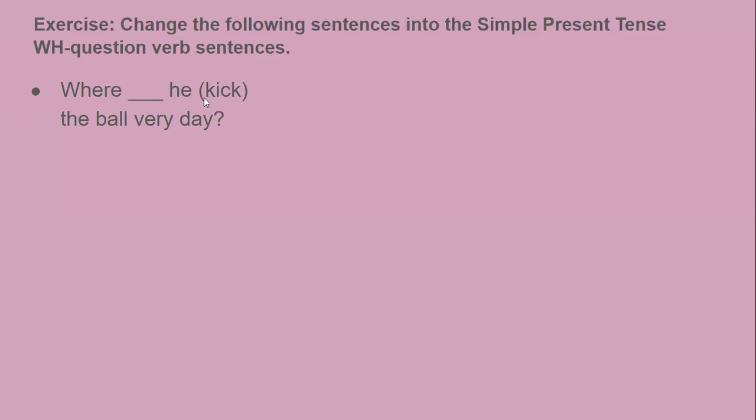And then we have the subject, which is he. So for he, she, it, use does. And we have the verb in its infinitive form. We leave it in that form. So the sentence is then, where does he kick the ball every day?